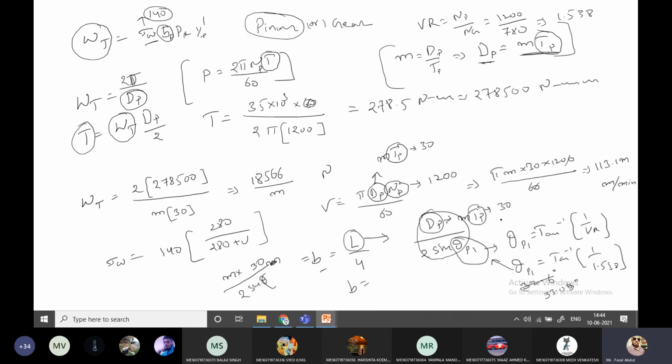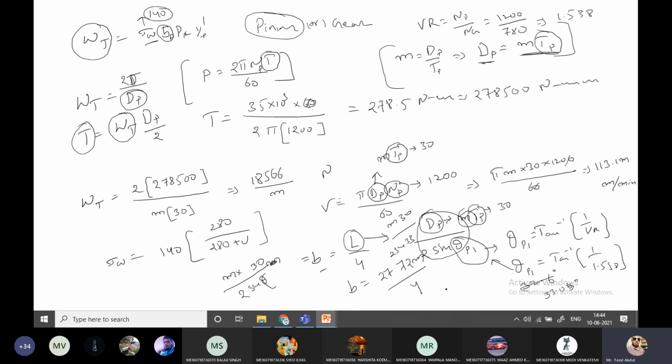L is T m into 30 by 2 sine 33.03. We will get it in terms of module, because we don't know the module value. So L is 27.72 m.